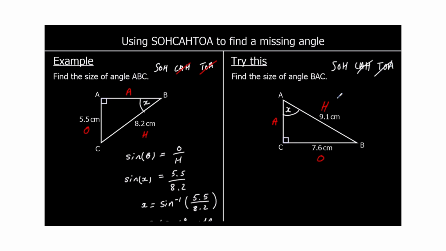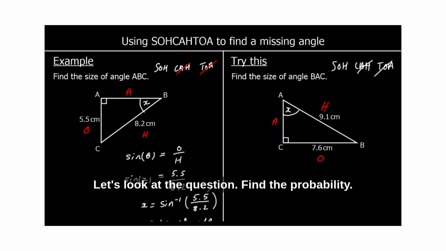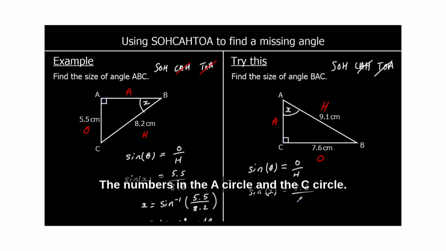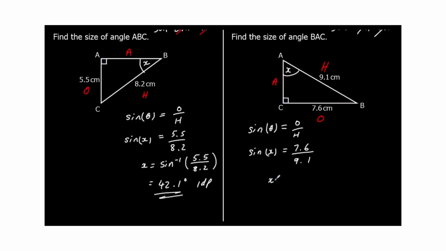So it's sine again. So sine with the angle, sine theta, is O over H. So in this question, that means sine x is 7.6 over 9.1. And to get x by itself, we shift sine. So x will be equal to shift sine 7.6 over 9.1.